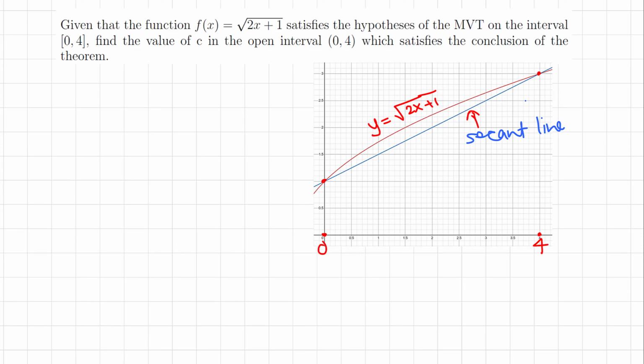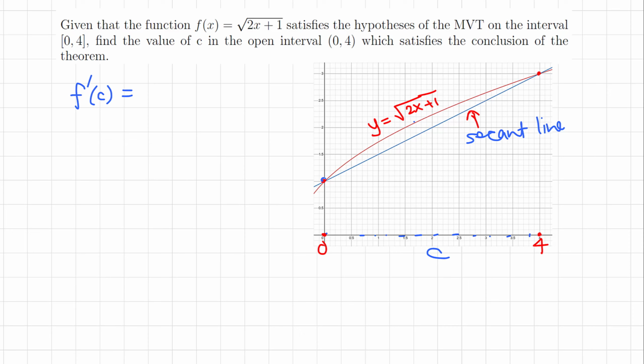Then the mean value theorem says we can find a point, an x value somewhere here, which is called c. I don't know where. That's on the curve somewhere, so that we can draw a line parallel to this one. We can match the slope of this secant line. So the theorem says f prime of c, that's the slope of the tangent line at some point, equals the slope of this secant line.